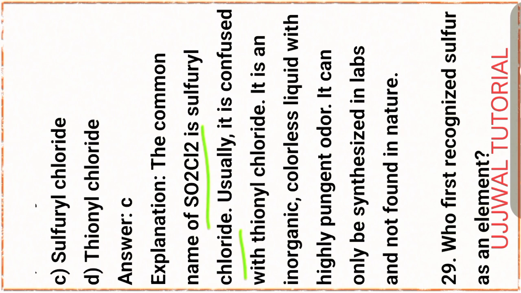Usually, it is confused with thionyl chloride. It is an inorganic, colorless liquid with highly pungent odor. It can only be synthesized in lab and is not found in nature.